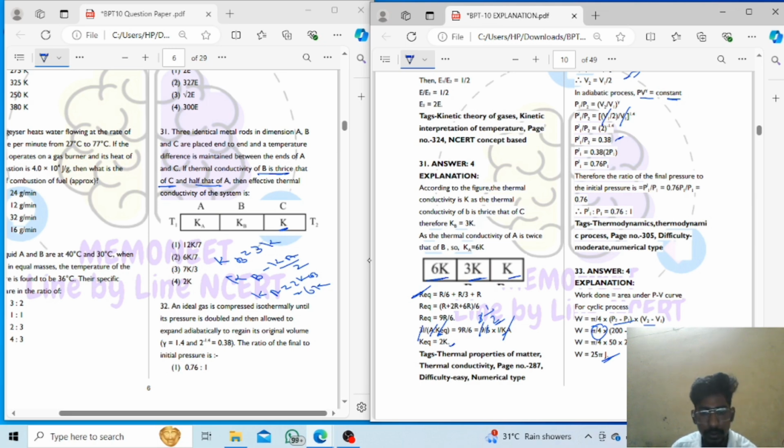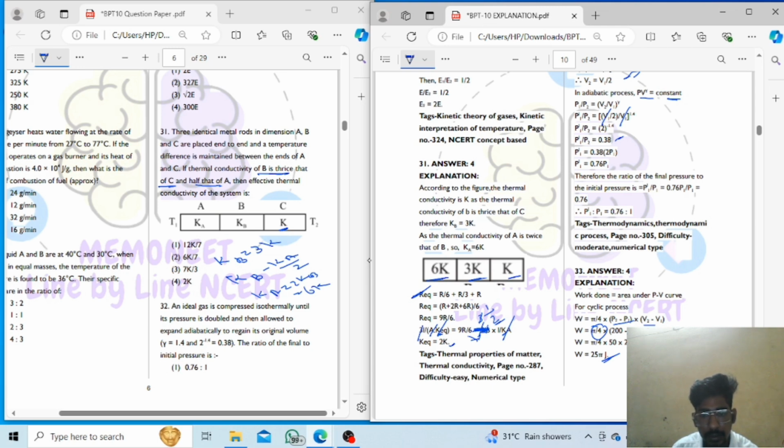This is the thermal resistance, and in its formula there will be a 1 by K also.